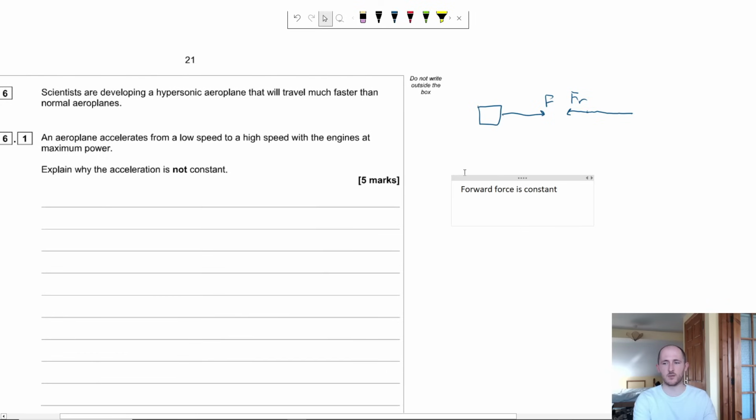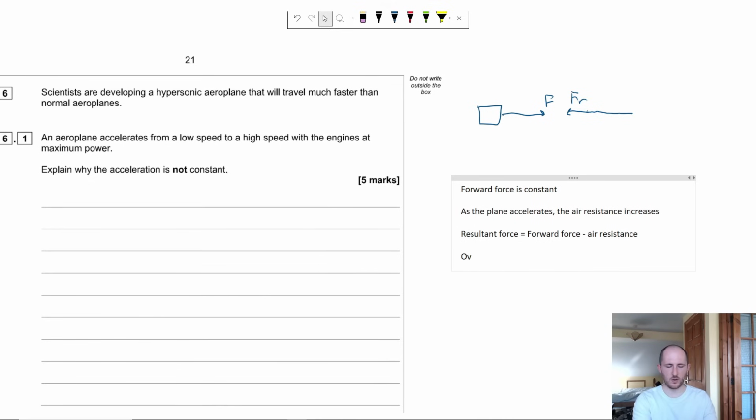That engine force is always going to be constant. However, as the plane accelerates, the air resistance increases. The resultant force is equal to the forward force minus air resistance.